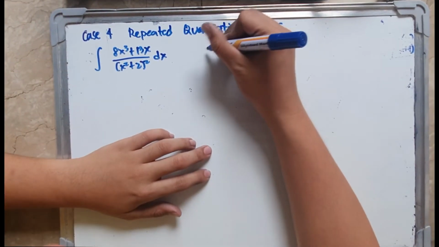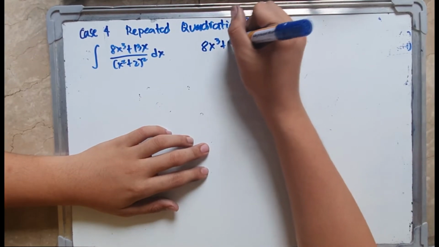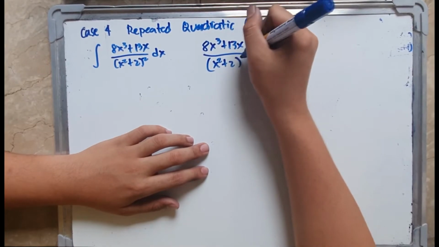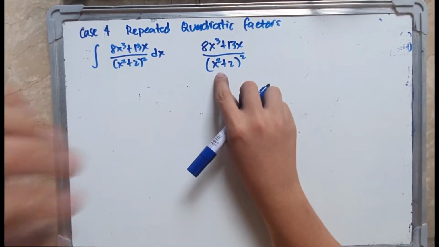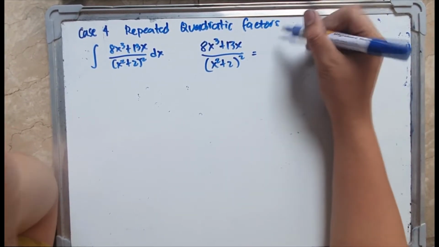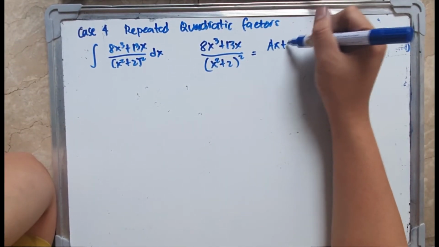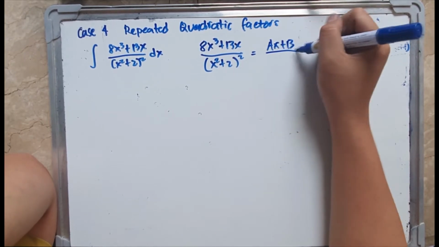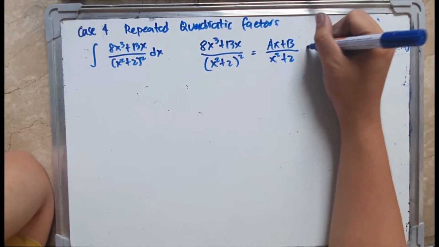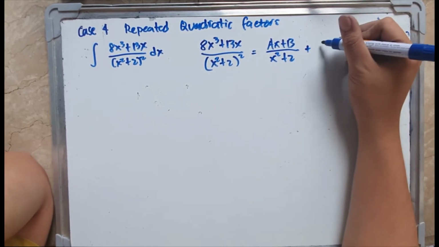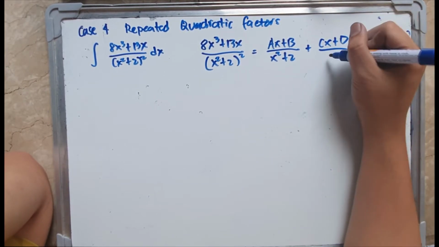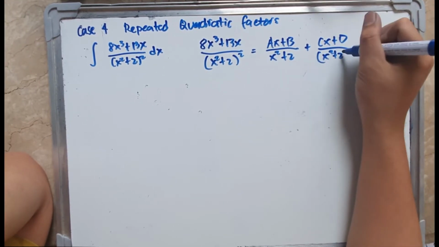We have 8x cubed plus 13x over x squared plus 2 squared. This is a quadratic factor and it is repeated. So we'll have ax plus b, a linear numerator, over a quadratic denominator x squared plus 2, plus another linear numerator, cx plus d over x squared plus 2 squared.